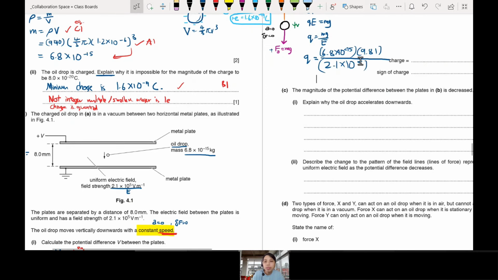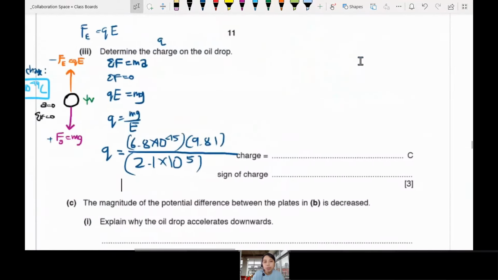Okay. This is a 3-mark question now. Actually, the first one, if you already equate QE equals mg, the upwards force equals the downwards force, they cancel out each other, then this is 1 mark. Or if you wrote on your paper and drew a diagram, QE pointing up, mg pointing down, that can also be your C1 mark for this one.